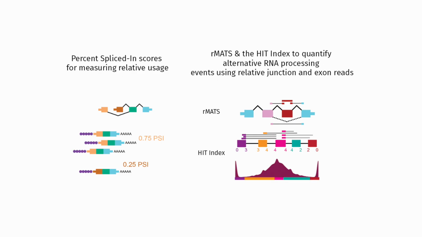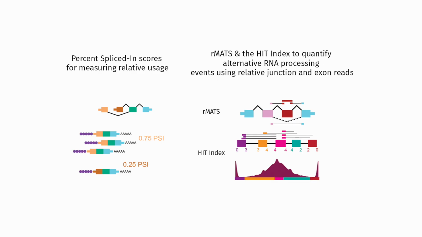So the tools that we use are rMATS and the HIT Index to quantify alternative RNA processing events. And these use a combination of relative junction reads and exon covering reads. So rMATS quantifies the internal splicing events such as skipped exons, mutually exclusive exons, intron retention, alternative 3' and 5' splice sites.